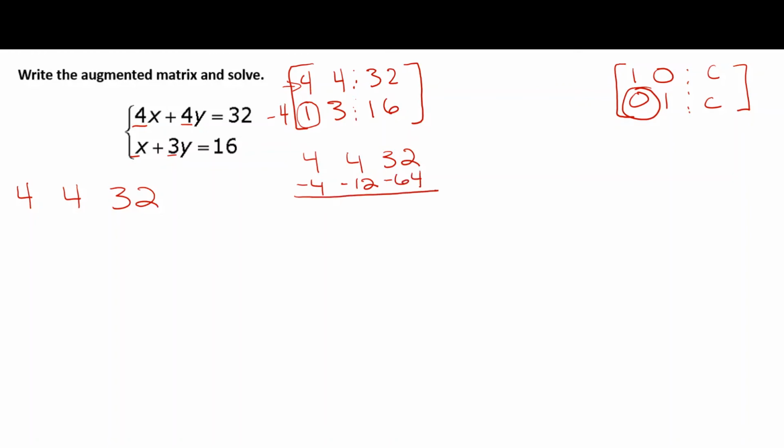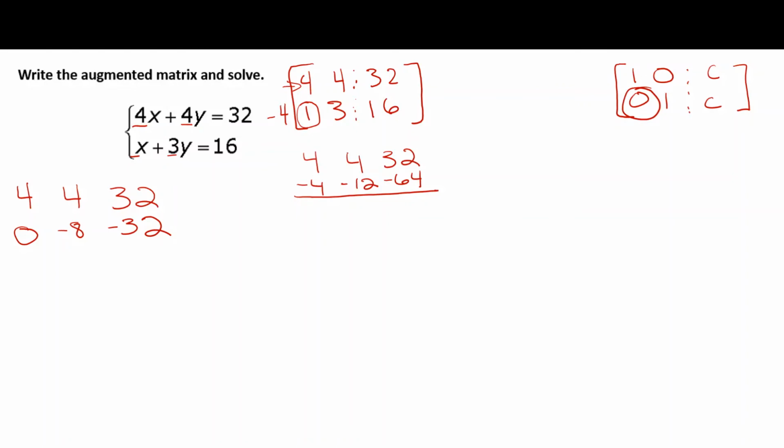When I add those two together, 4 plus negative 4 is 0. 4 plus a negative 12 is negative 8. And 32 plus a negative 64 is a negative 32.